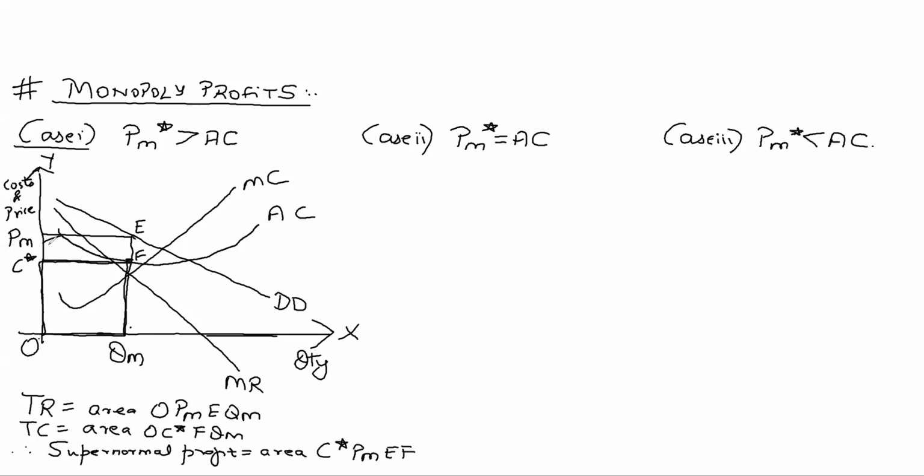So this is the area of supernormal profits. So when the price charged by the monopolist lies above the average cost, the monopolist is making supernormal profits. Then let's look at this case.